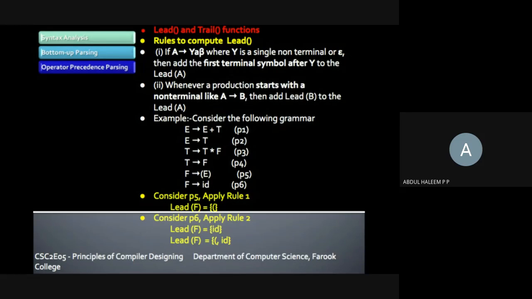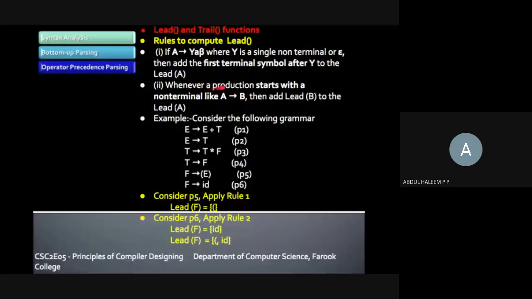There the first operator or terminal is the left bracket itself. Even the left bracket can be an element of lead. Why? Because Y can be epsilon. We will compute lead for a full grammar like this using all the available rules, then we will know.